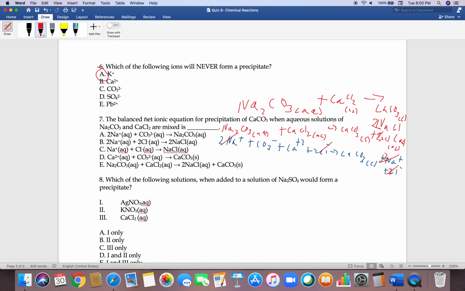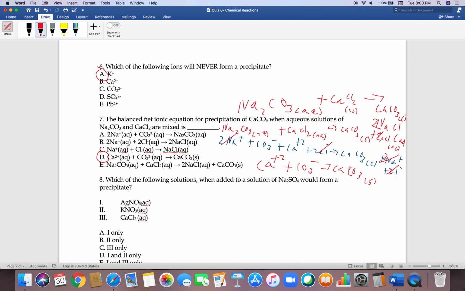And that is the only thing, because the calcium carbonate doesn't break apart. So our net ionic equation would be the calcium ion plus the carbonate ion to form solid calcium carbonate, because the solids never break apart, so the ions never cancel. So the answer here would be D.